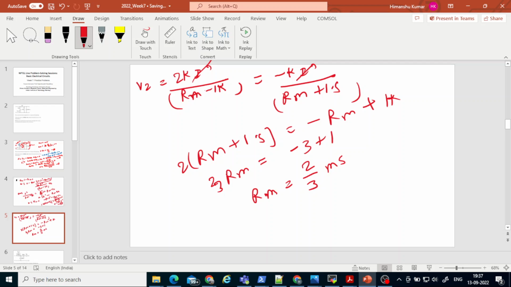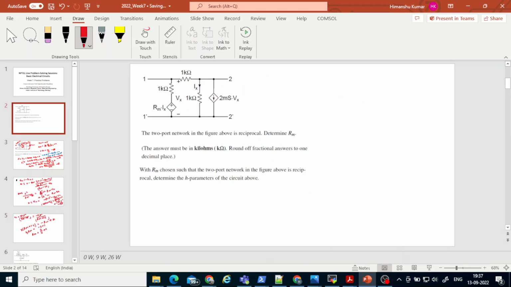So now with this value of Rm, we need to find the H parameter matrix. Now we need to write our H parameter equation.